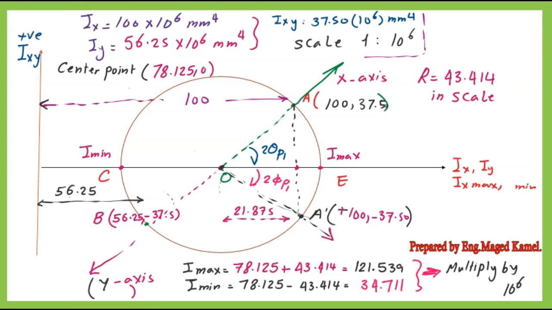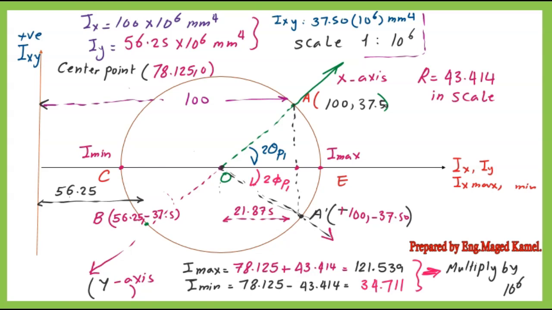We can get the maximum value Imax equals Ix plus Iy divided by 2 plus the radius r equals 78.125 plus 43.414 equals 121.539 units.